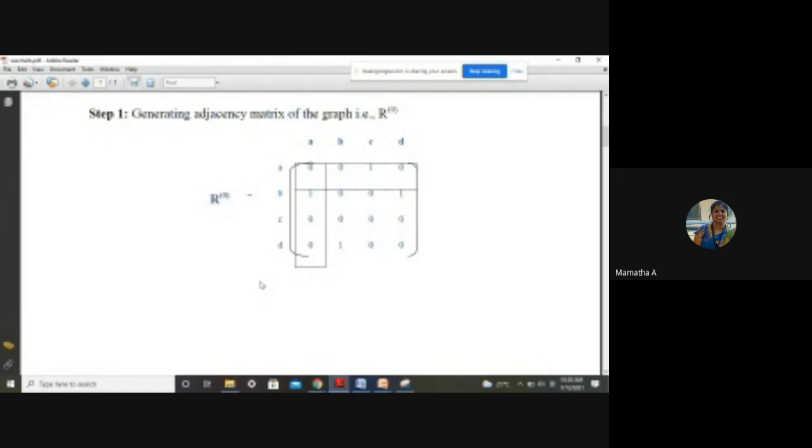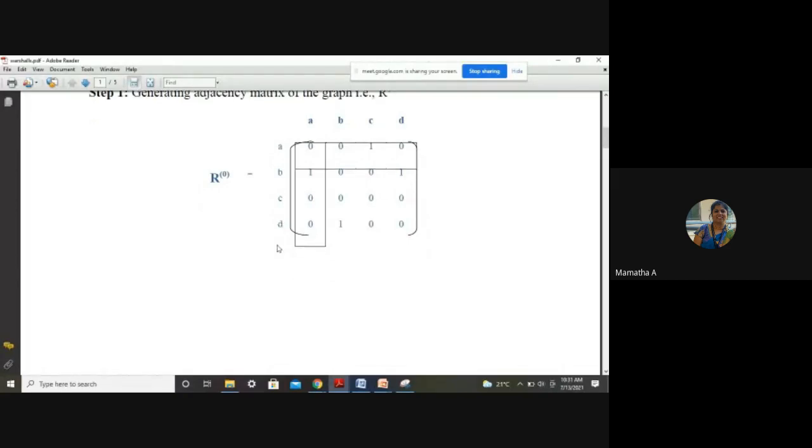As I told you, if I have ones in ik and kj, if both are ones, my answer will be 1. Yes or no? You remember? If Rk minus 1, i comma j is 1 and Rk minus 1, k comma j is 1, then Rk, i comma j will be 1. So using that concept in the reversed way, I will generate the matrix R1.